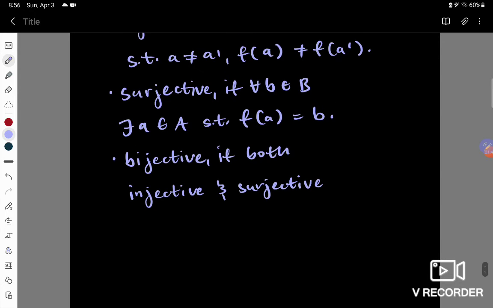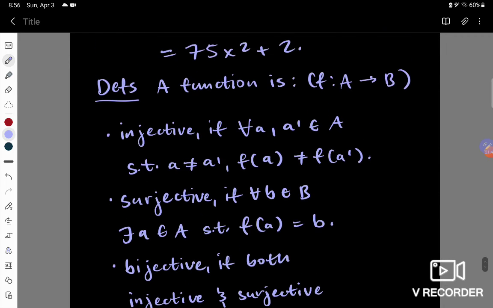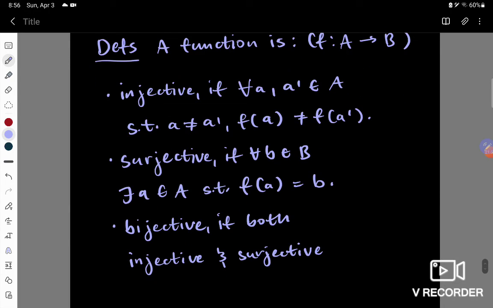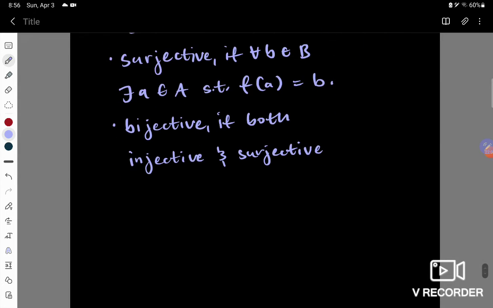And it's a good exercise to check that composing, as we just looked at, two injective functions is itself injective. Composing two surjective functions is surjective. And hence, given those two postulates that I just mentioned, the composition of bijective functions is itself a bijection.